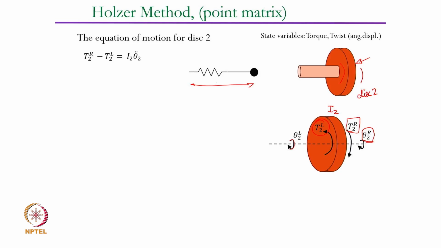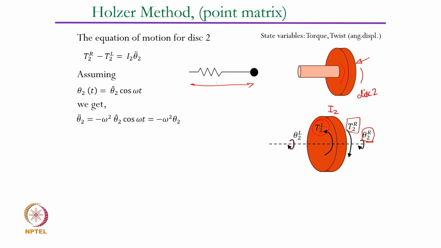So I2 times theta 2 double dot is going to be equal to all the net torque which is going to act on it, okay. So T2R minus T2L will be equal to I2 theta 2 double dot. That is the straightforward simple dynamic equation that we have here.